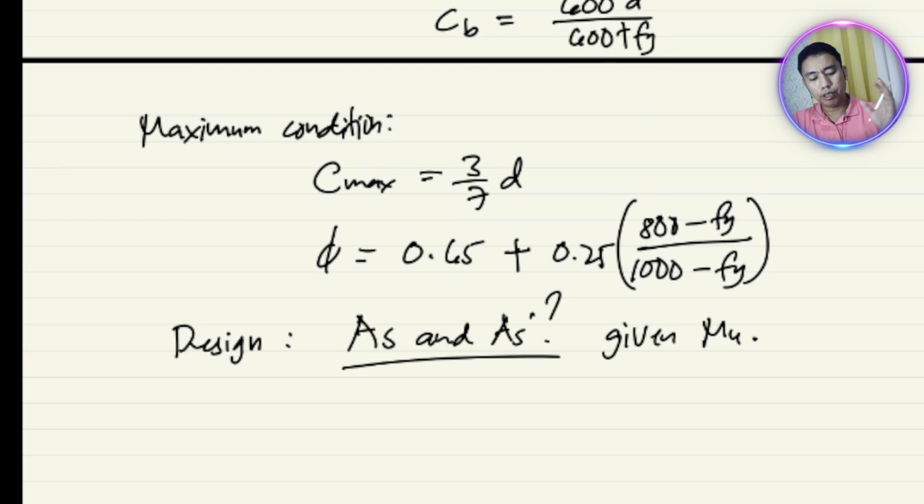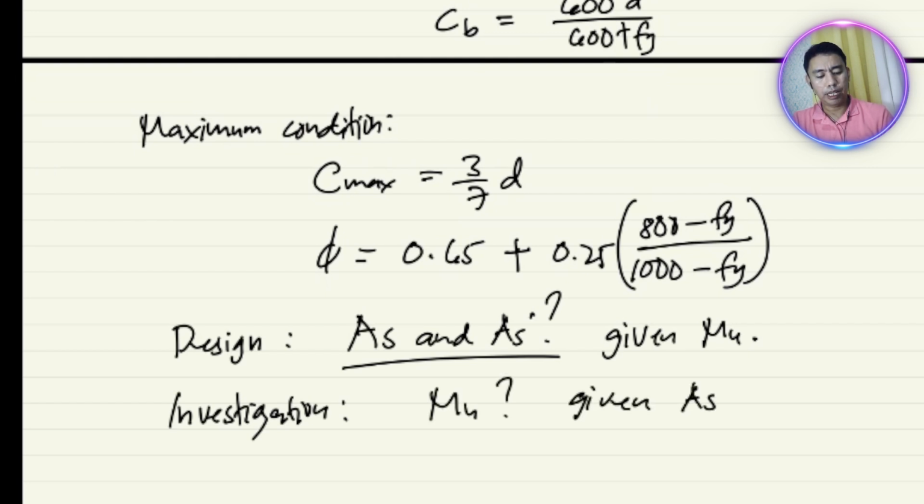Okay, so given yung moment, and then we design the number of reinforcement. Yun yung tawag na designing. Other term is investigation. Ano yung investigation? Okay? Hinahanap natin ano yung maximum moment given AS and AS prime.